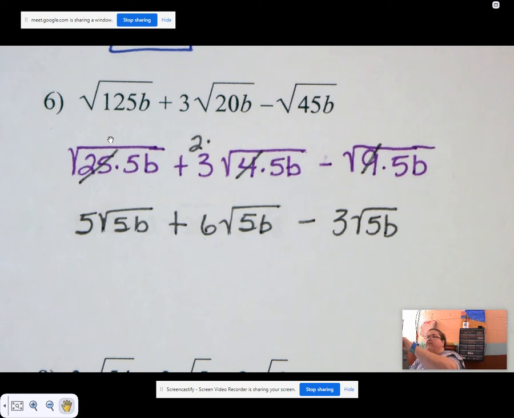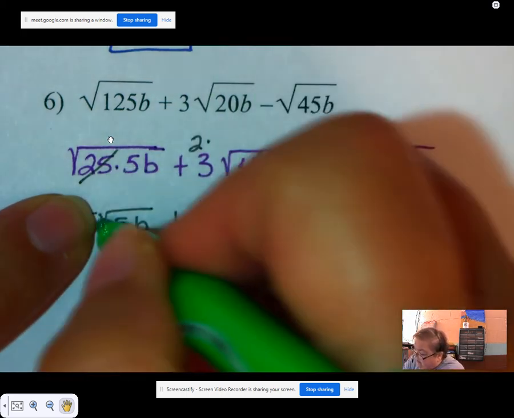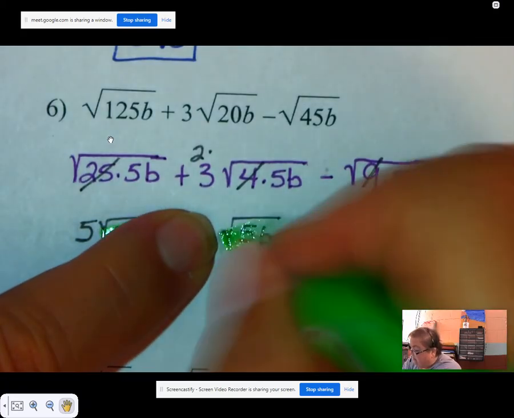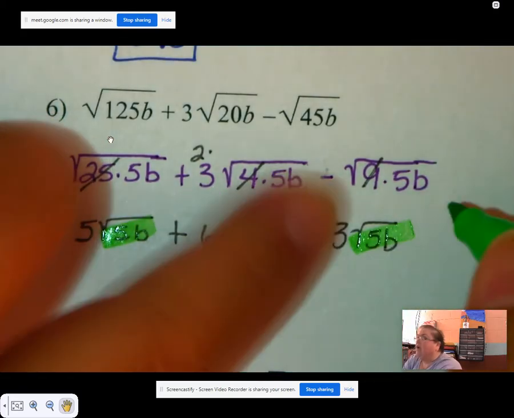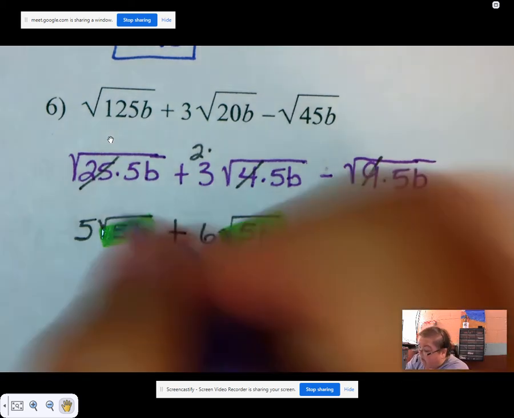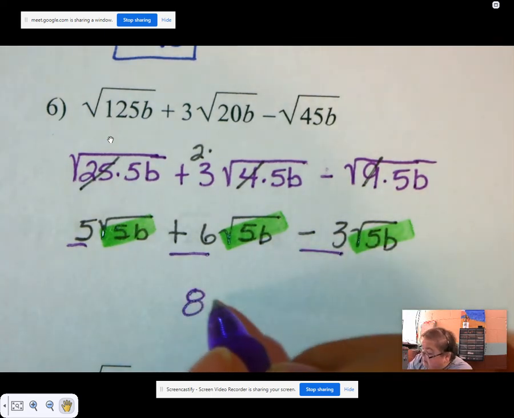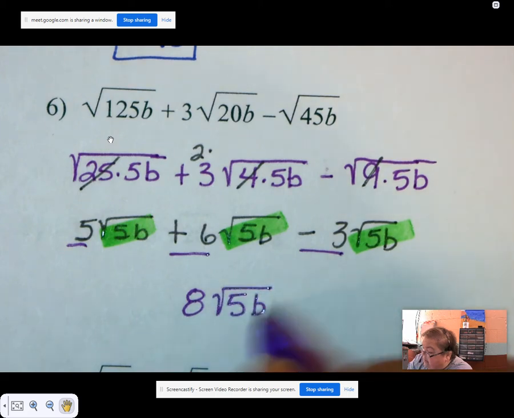Are all of those like radicals? What's this one? This is root 5b. What's this one? So what's inside the radical, if they're exactly the same, then they are like radicals. So now, 5 plus 6 is 11, minus 3 is 8 root 5b.